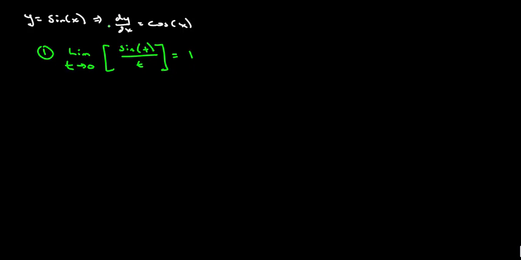The second one I'm going to need to use here is that the limit as t approaches 0 of 1 minus the cosine of t over t, that this is 0. So I need both of these guys. You'll see why in a little bit.